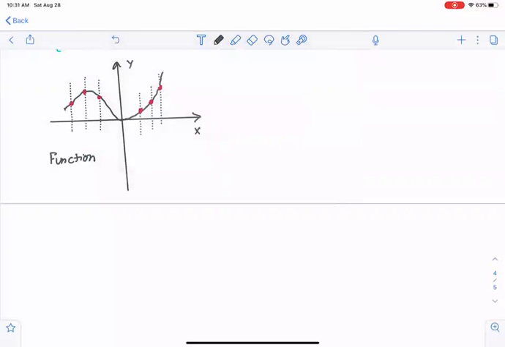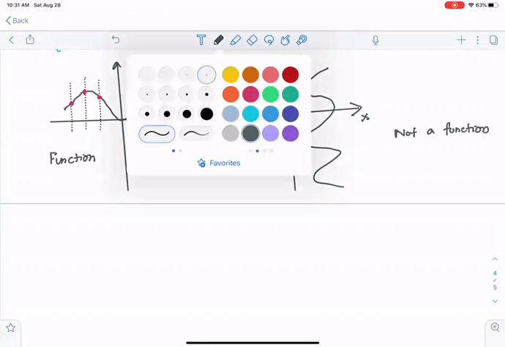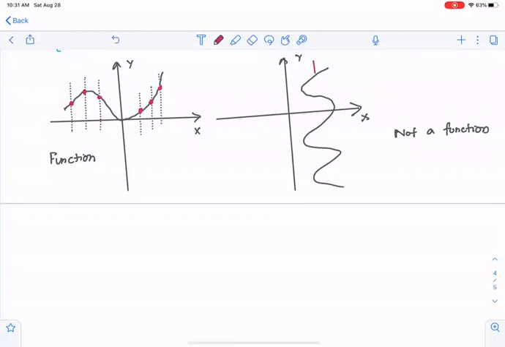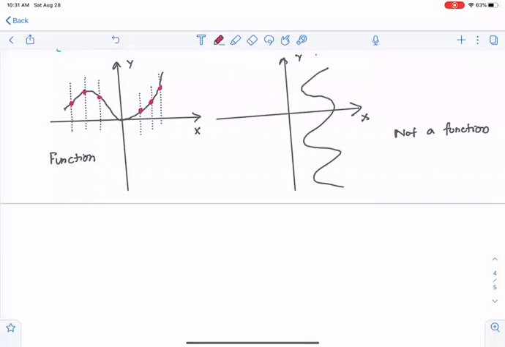Now, if we consider another case, this is not a function because if I drew a vertical line, it is going to touch that curve at more than one point.